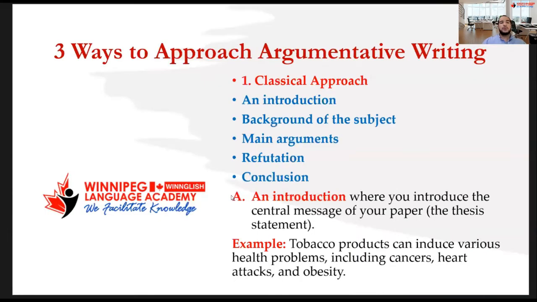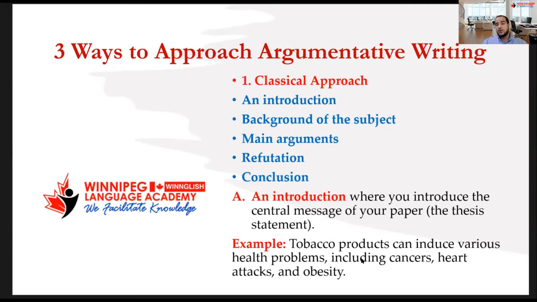Now, there are different ways to approach our argumentative essay, and we have the first, classical approach, where you have an introduction, background of the topic, main arguments, refutation, and conclusion, and that's it. In the introduction, you introduce your central message of the paper, as we mentioned, and we're repeating this again.